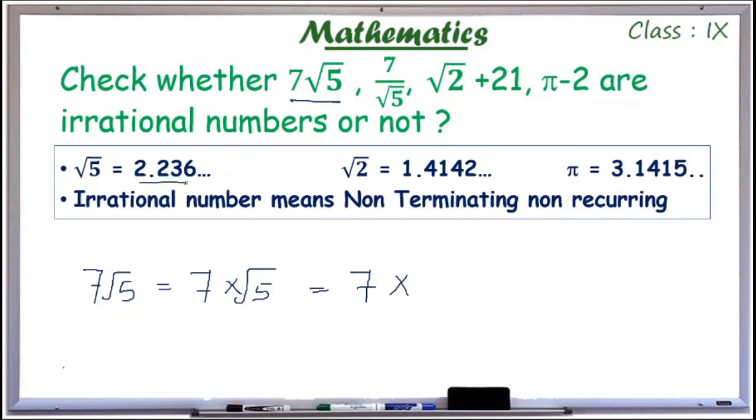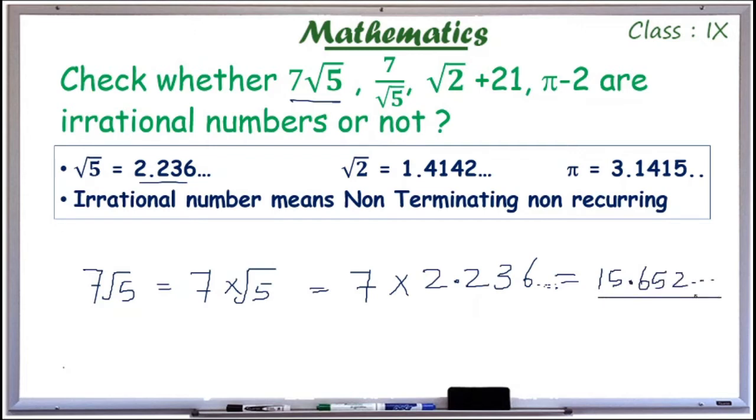The value of root 5 is 2.236. So what is 7 into 2.236 etc.? It is equal to 15.652 etc.